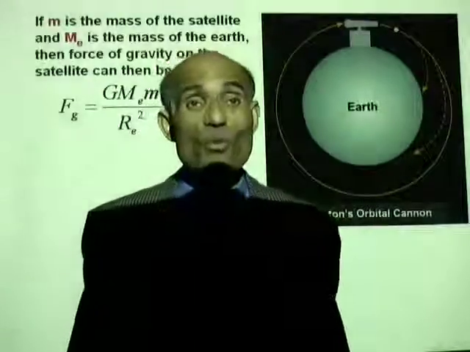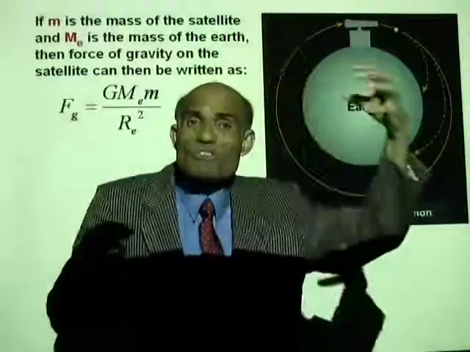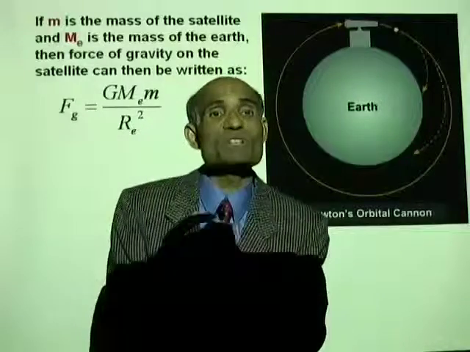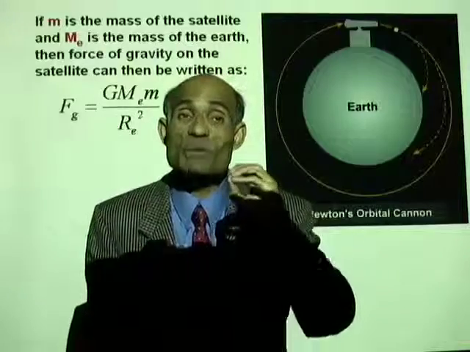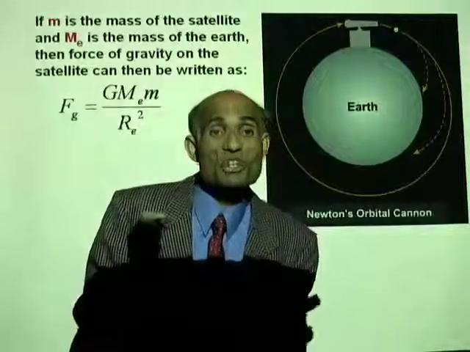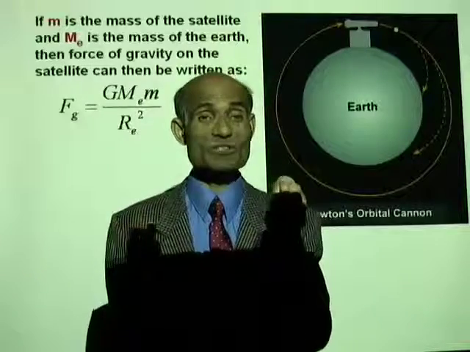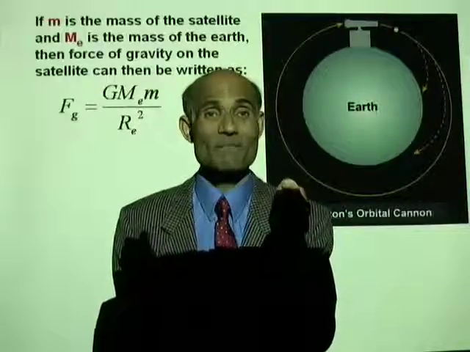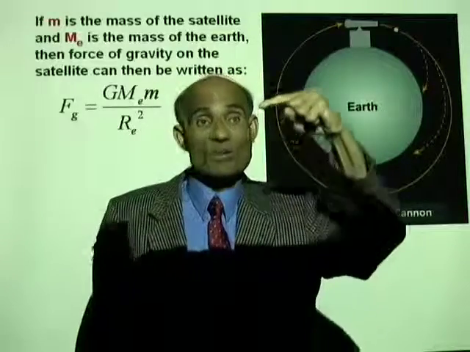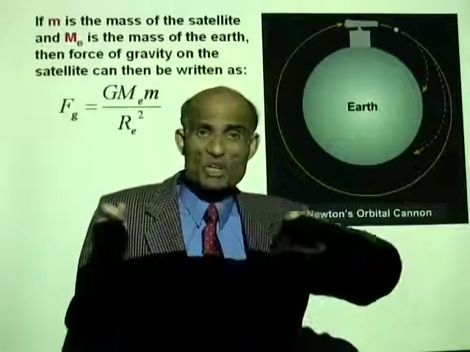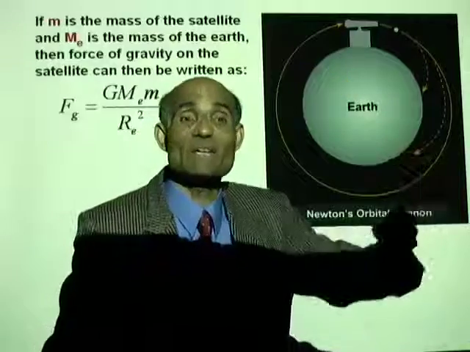Well, if you want to make this object go in a circle, what is the force that keeps an object going round in a circle? The force that keeps an object going round in a circle is called the centripetal force. Do you remember the equation for centripetal force? Centripetal force is mv squared over r, where v is the tangential velocity, or what we call the orbital speed.